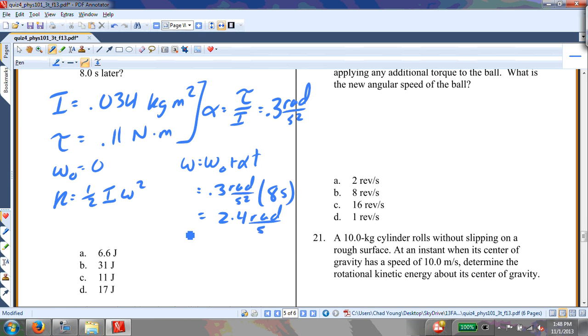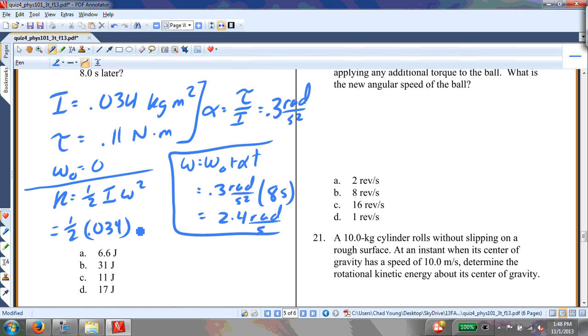Now that I have omega, I can come back over here and find out what is my kinetic energy. That's going to be 1/2 of I, which is 0.034, times omega squared, which is 2.4 squared. I get 0.097. Let's see, I must have made a mistake here.